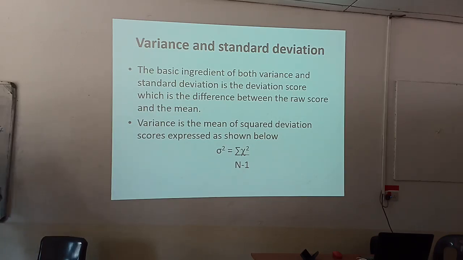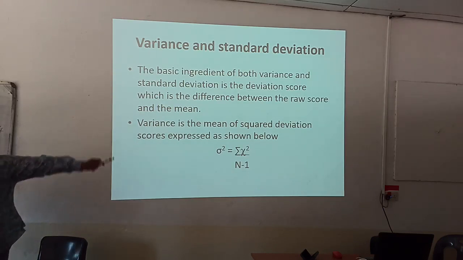But the problem is, we started with scores which are in this range, but by squaring them, we have taken them to an upper scale. So in order for you to come back to the original scale, you have to take the square root of the variance in order to come up with the standard deviation.